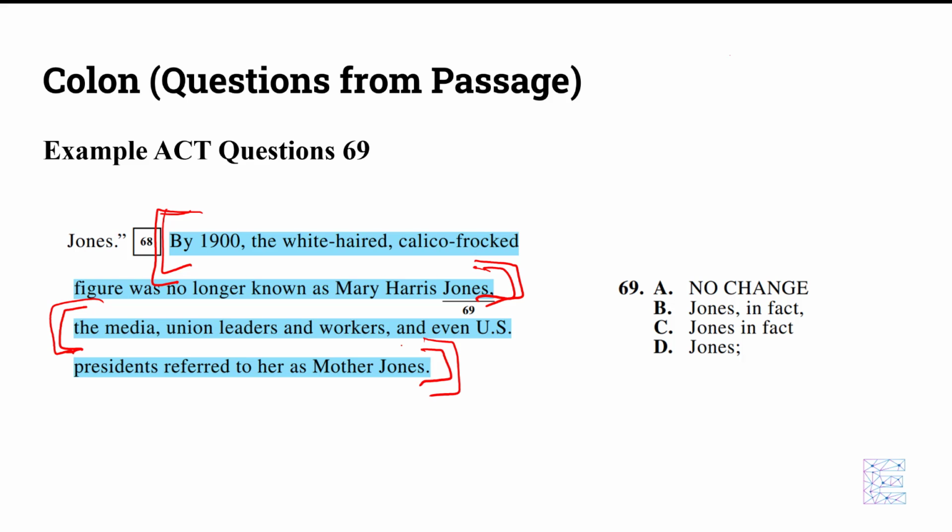How are they related? The first part is saying they no longer refer to her as Mary Harris Jones. The second part is saying they refer to her as Mother Jones. So two independent clauses and they are related. We saw the best way to punctuate that is by using a semicolon, which makes D the correct answer to this question. You put a semicolon here because that's the ending of an independent clause and the beginning of the other independent clause.